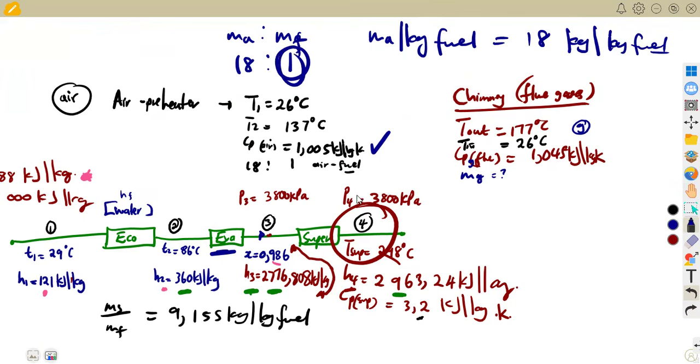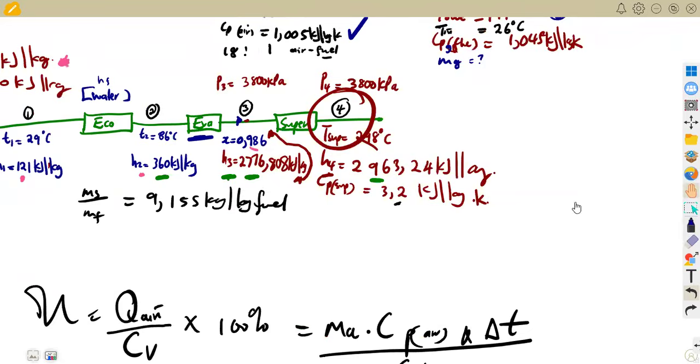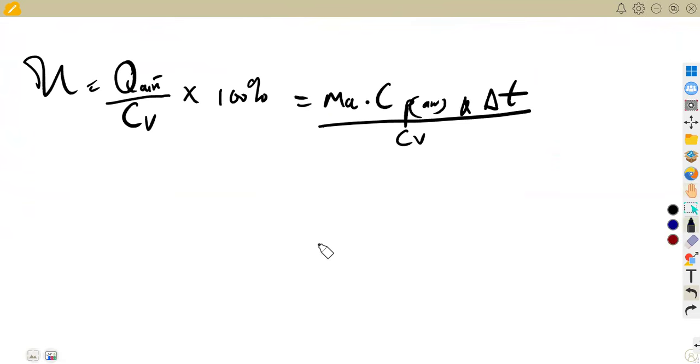Per kilogram of the fuel, the mass of air is 18. So be careful how your information is given. So that means we can calculate everything here.